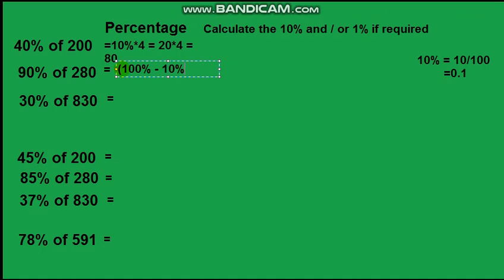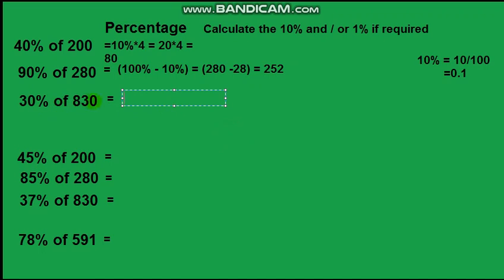So 100% of the number minus 10% of that number, which is 28. So 280 minus 28, the answer is 252. In this way also the problem can be solved.